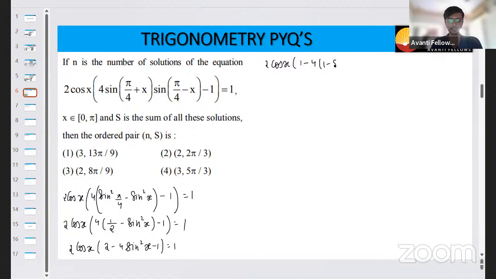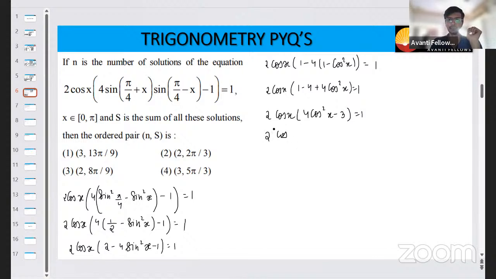It is better if we convert it into cos square x. So 2 cos x into 1 minus 4 plus 4 cos square x is equals to 1. So we got 2 cos x into 4 cos square x minus 3 equals to 1. So we got 2 into 4 cos cube x minus 3 cos x equals to 1, which is 2 into cos 3x is equals to 1. Correct? So we got cos 3x is equals to half.